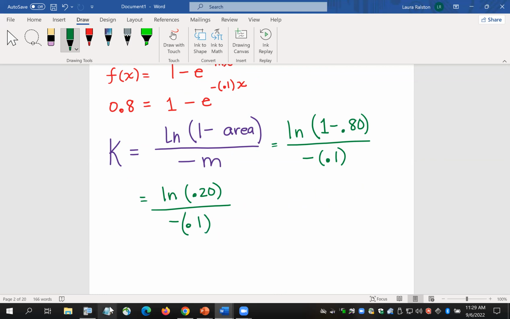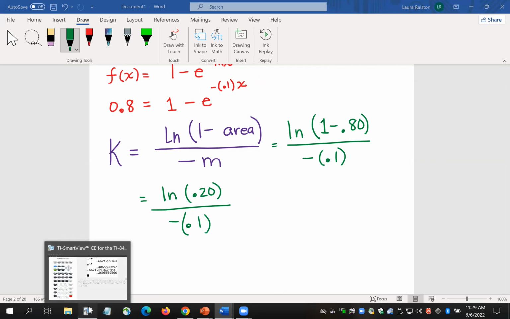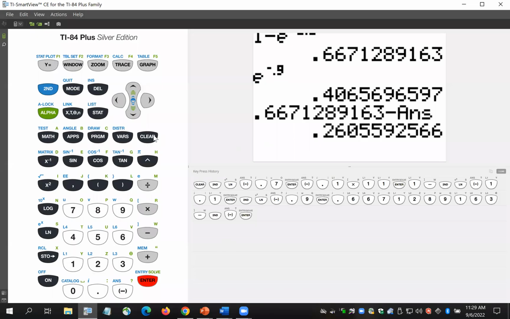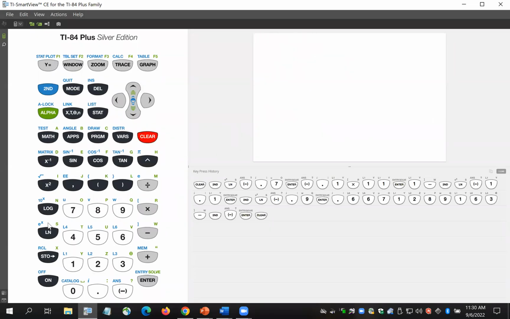Then I've got to use my calculator. We're going to use the natural log button, which on my calculator is on the left-hand side near the number 4. It has ln. So I put ln of the 20%. I did that calculation in my head. Then I divide that by negative 1/10, because 1/10 was my decay parameter.